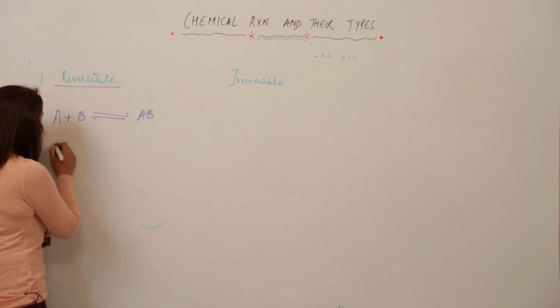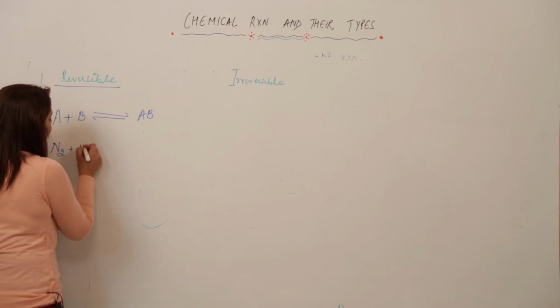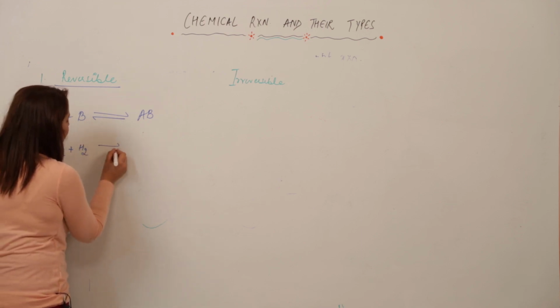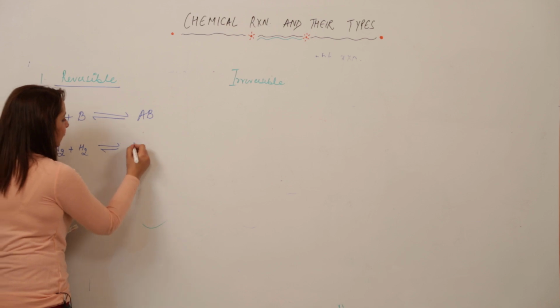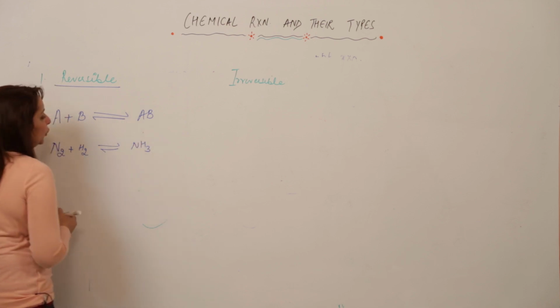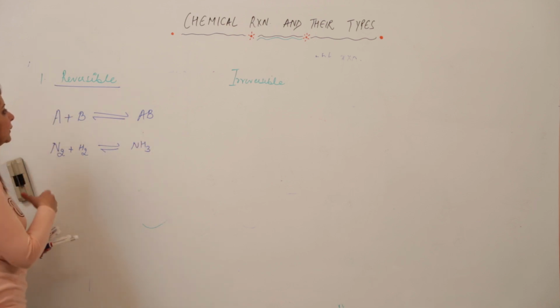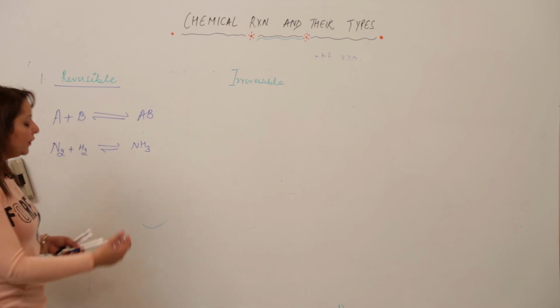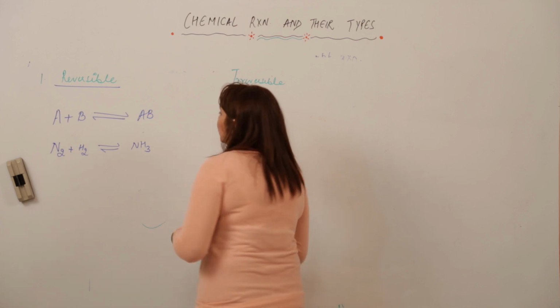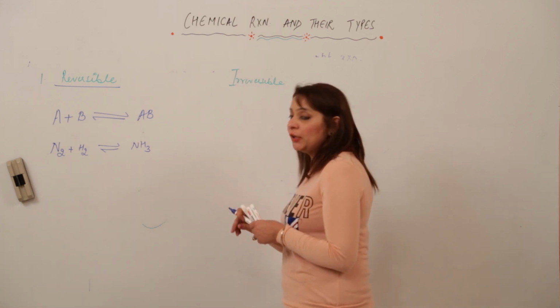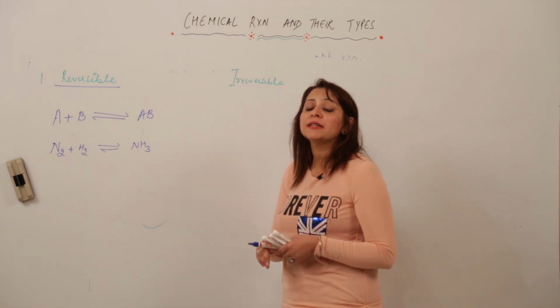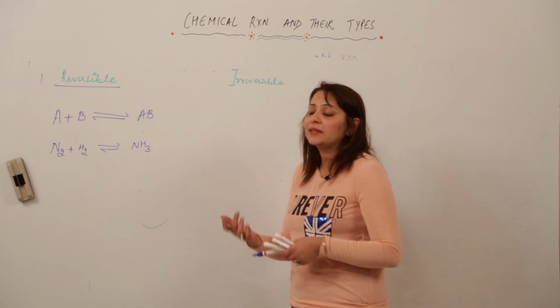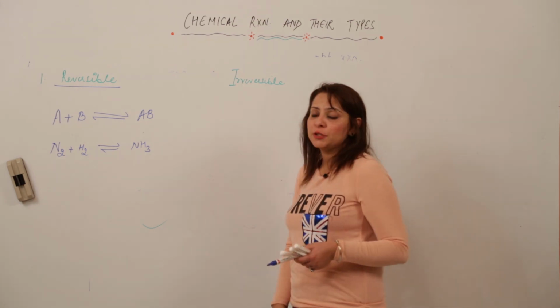For example, we have the Haber's process as a reversible reaction, indicated by the reverse sign, which leads to the formation of ammonia. Now when we talk about an irreversible reaction, any reaction which cannot be reversed, in which the products cannot unite back to form the reactants, is considered an irreversible reaction.